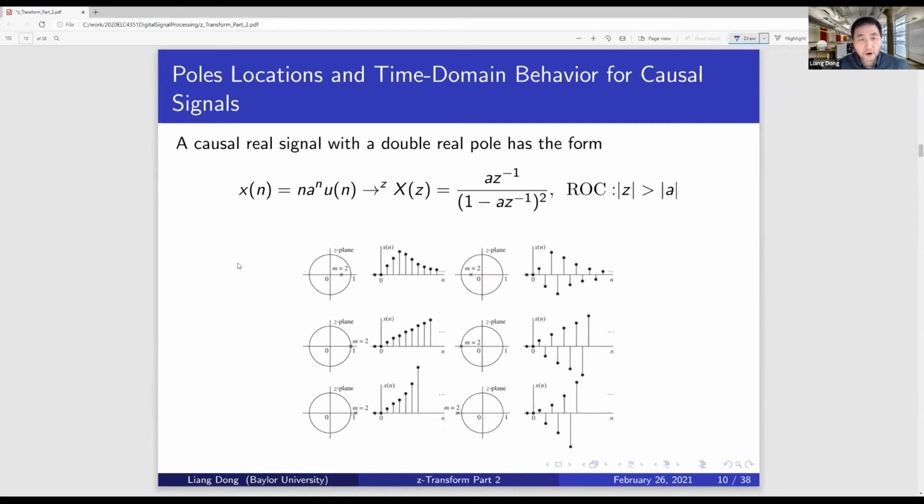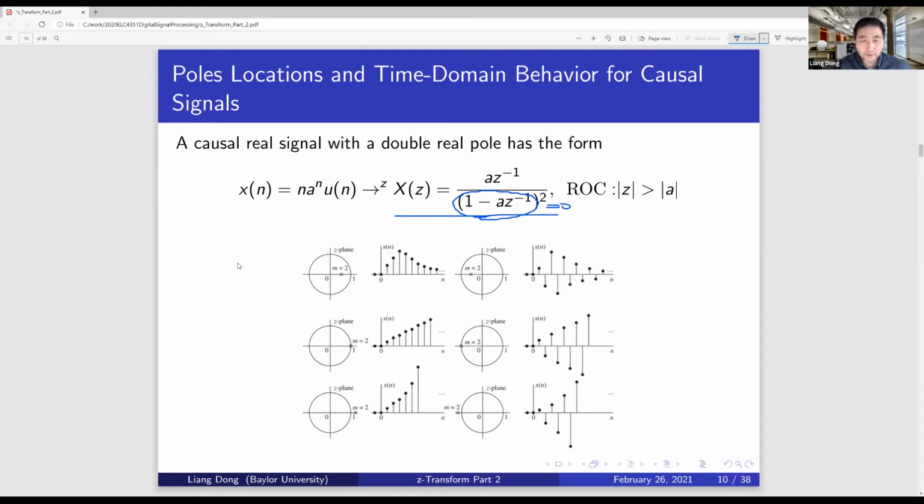If I have a causal real signal with a double real pole, I have 2 poles, P1 and P2. So in the fractional term, it's written like that. So X(z) in the Z-transform, what I have here is on the denominator. I use that to calculate my poles. Again, how to calculate poles is this part equal to 0, right?